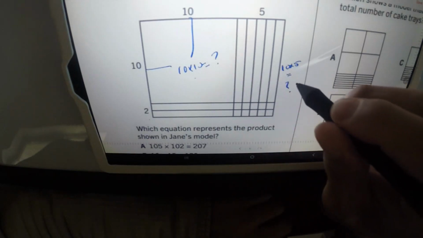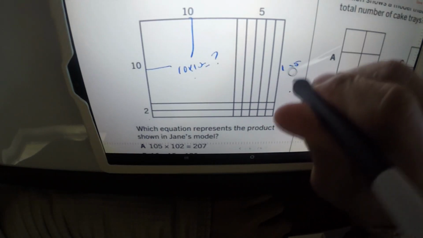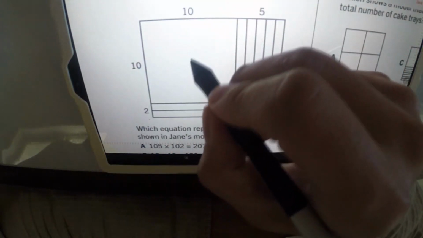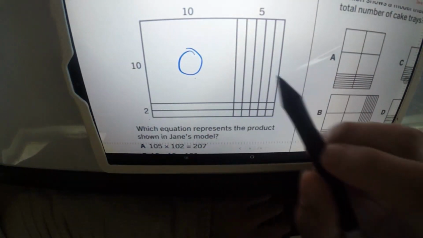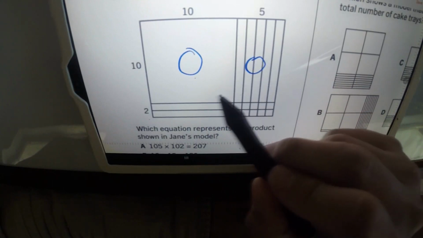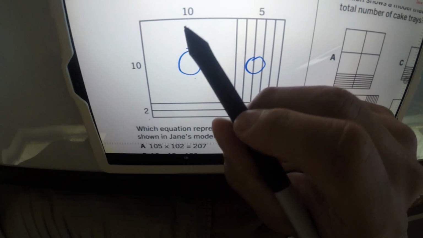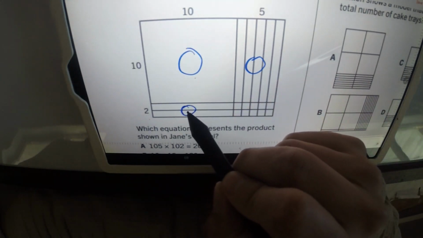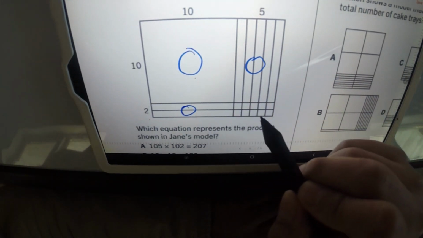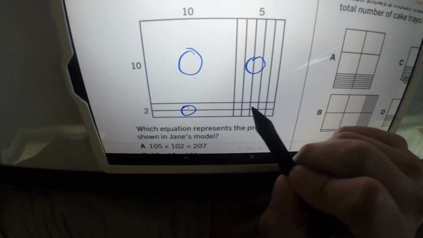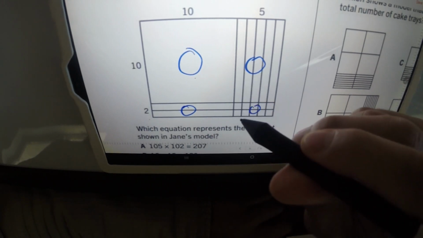So you're gonna put the answer for 10 times 10 in this box, 10 times 10 in this box right here, and 10 times 5 in this box, and then 2 times 10, right? 2 times 10 equals, is here. 2 times 5, the answer is here. So you're gonna take all those numbers.